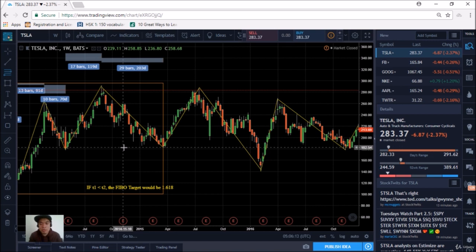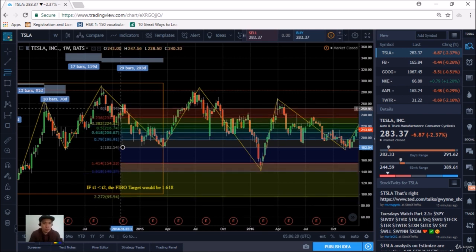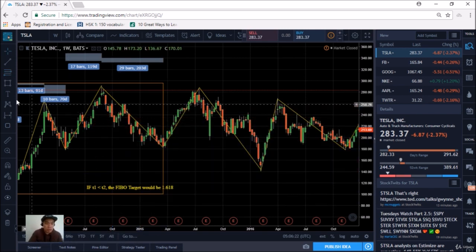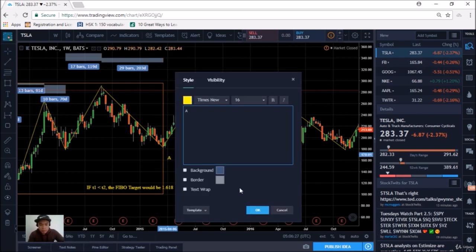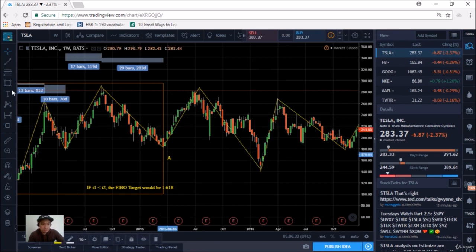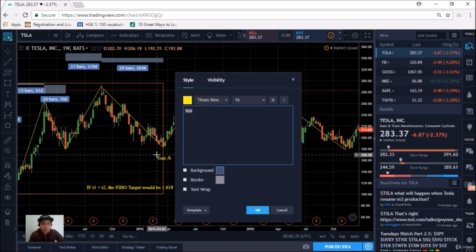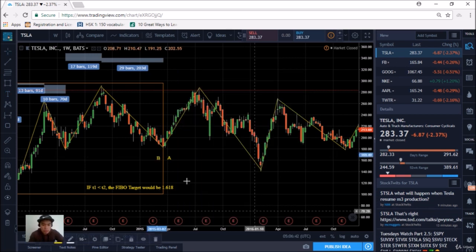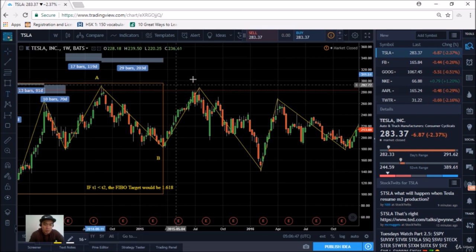If you want to measure the target for your downward movement with Fibonacci analysis, what you can do here is put this as A, and this is supposed to be B, and this is supposed to be A. So A, B and C line.